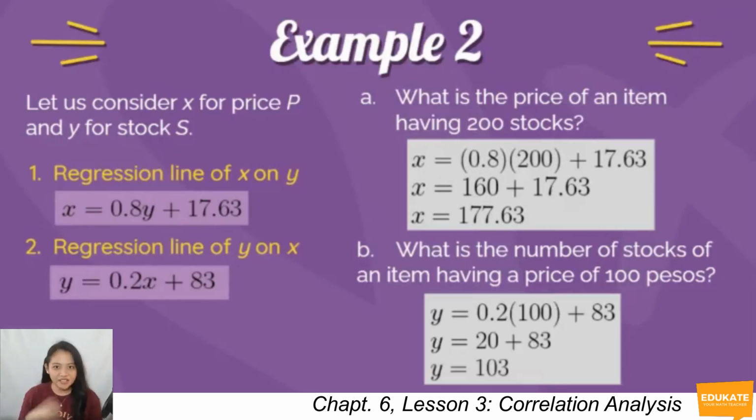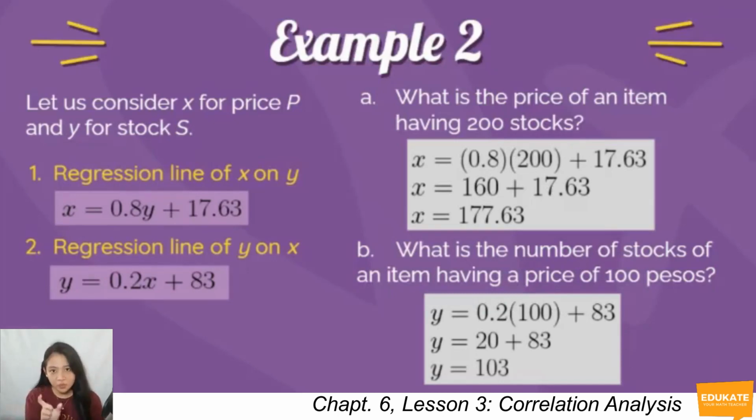Next, we have the second question. What is the number of stocks of an item having a price of 100 pesos? Earlier, given the stocks, given your Y, you were looking for X. Now, given your X, given the price, you're looking for Y, the number of stocks. To compute for that, Y is missing, so Y equals 0.2X plus 83 will be used.